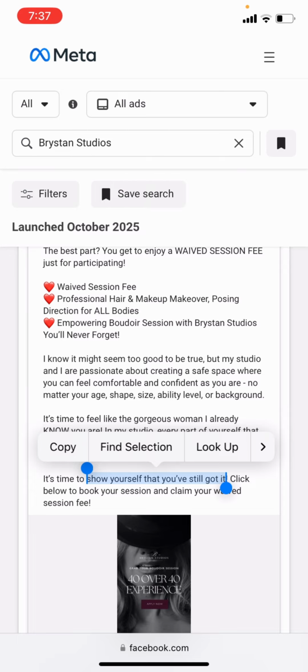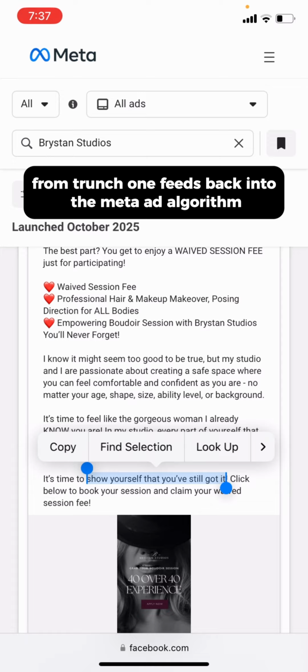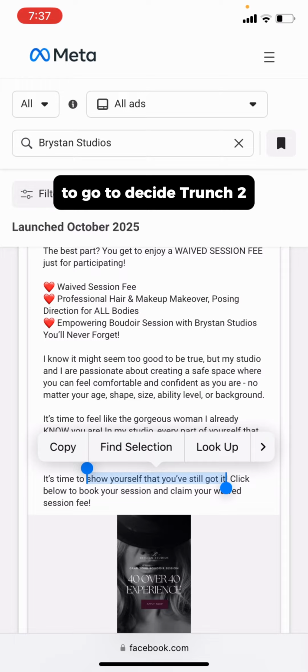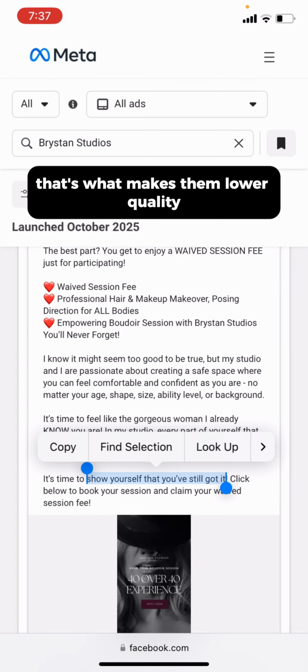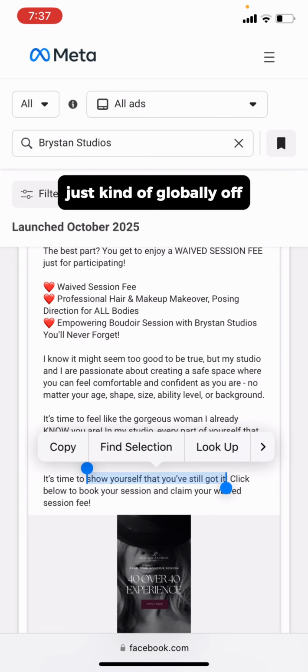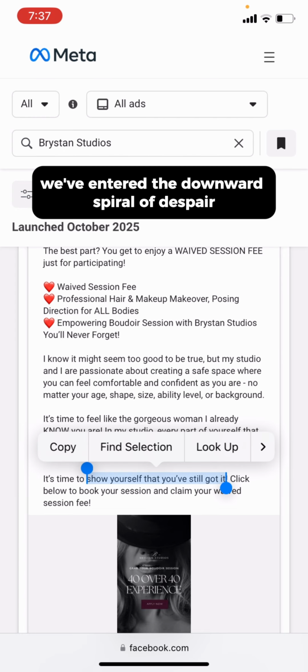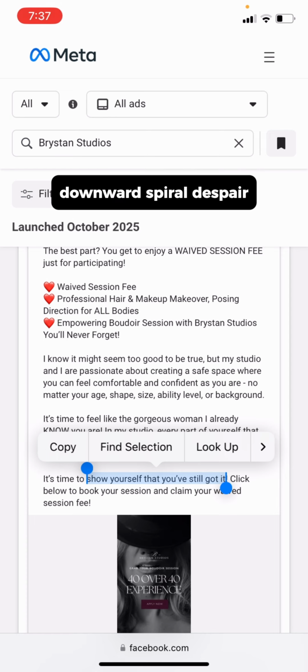Lower ROAS from tranche 1 feeds back into the Meta ad algorithm to decide tranche 2, which goes to lower quality Meta profiles, which convert at a lower rate. That's what makes them lower quality, just globally off the rip. Results in the same ad spend, worse results. We've entered the downward spiral of despair. Those worse results feed back into the Meta ad algorithm to go to tranche 3, downward spiral of despair. Ad burns out, refresh creative.